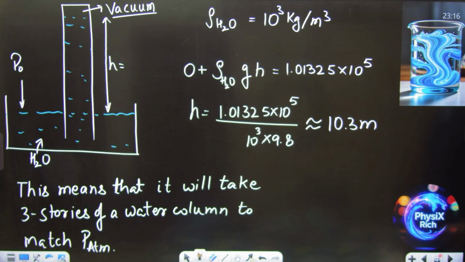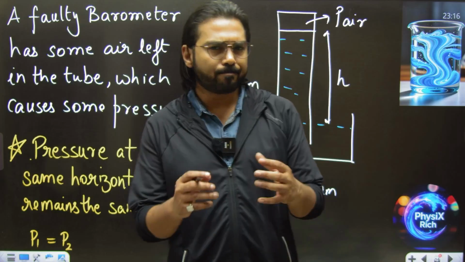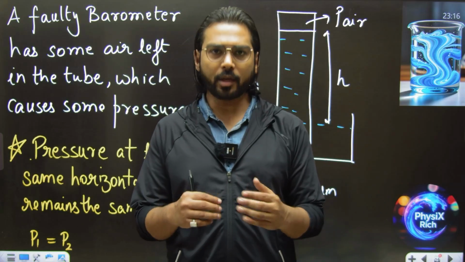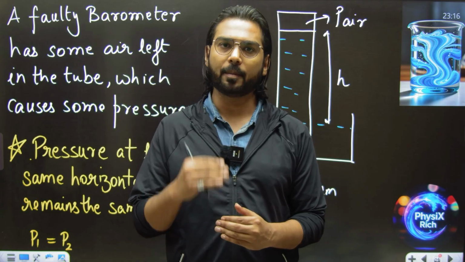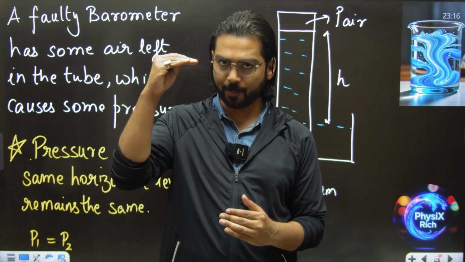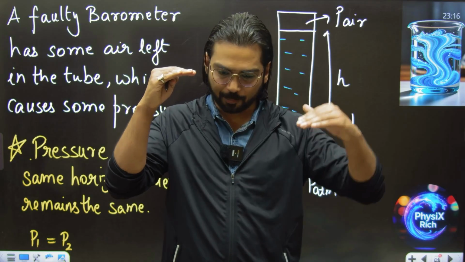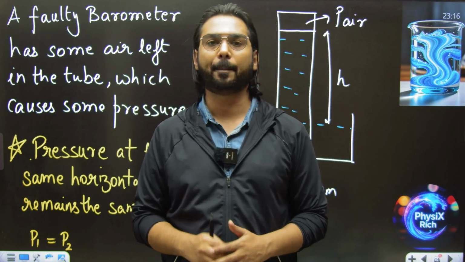So you see that water can rise up to a height of 10.3 meters, if we assume there is vacuum at the top and atmospheric pressure pushes it to 10.3 meters.